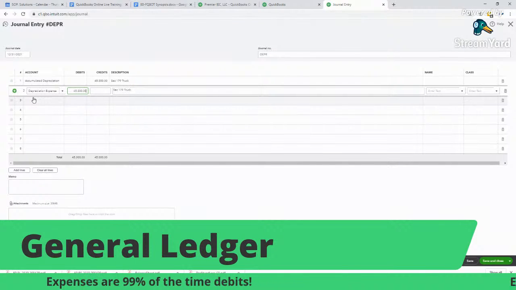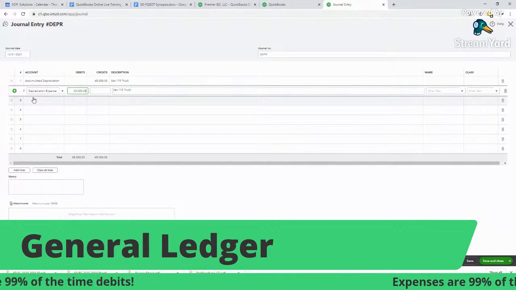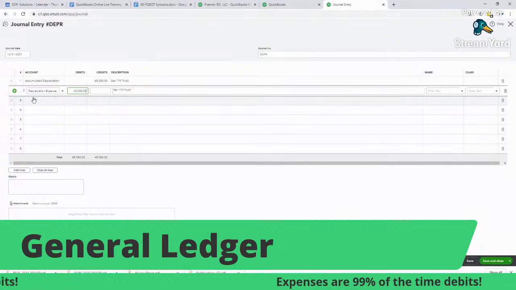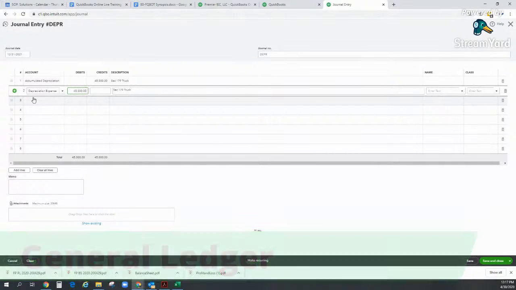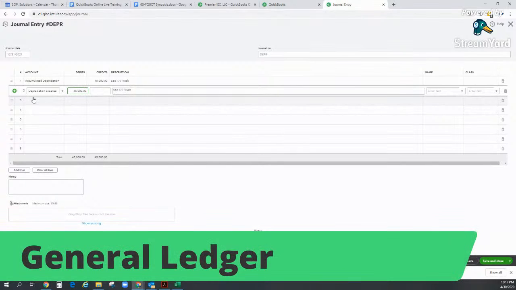A refund of an expense is a credit. The refund of an expense is a credit. Does that need an exclamation point? Probably not.